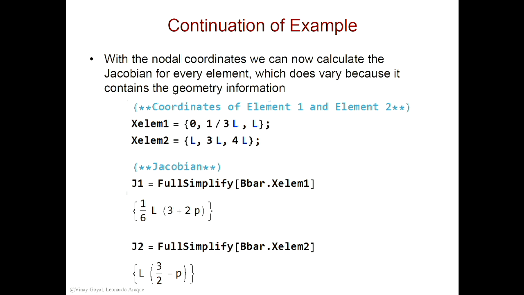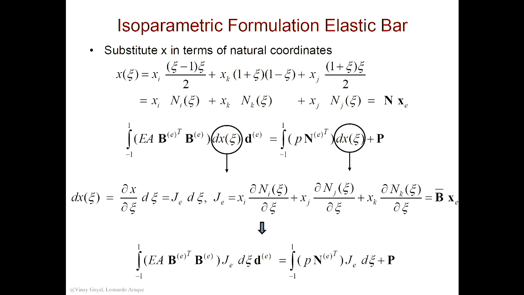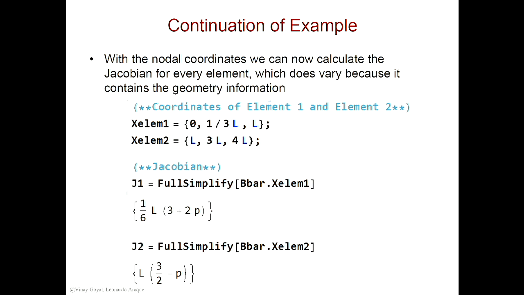So the Jacobian, if you remember, was simply b bar times x. So what I did in Mathematica, I calculated the Jacobian. B bar times x element 1 gives me the Jacobian for element 1. For element 2, b bar times x element 2 is Jacobian number 2.